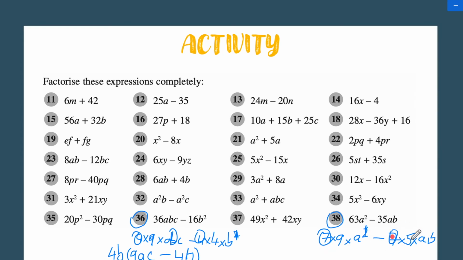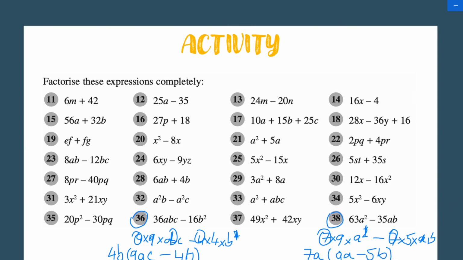Here you cross this out, and because you divide by a, you're not gonna have any a left here. So 7a, and in the bracket you're gonna have a 9a, minus, and then you're gonna have a 5 left from here, and the b. I hope you understood and it makes sense.